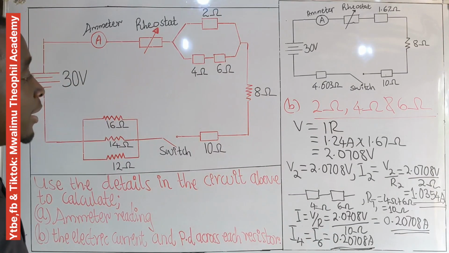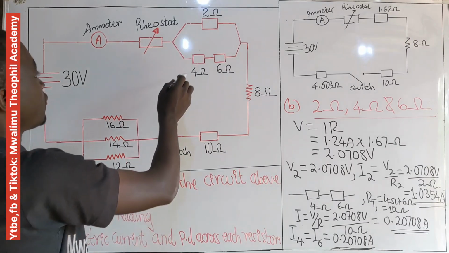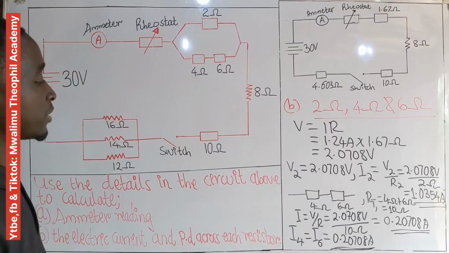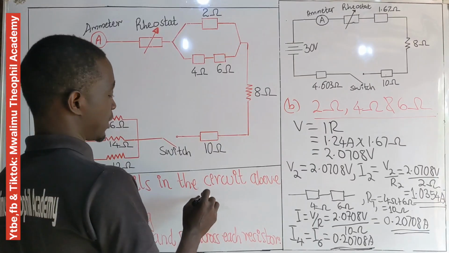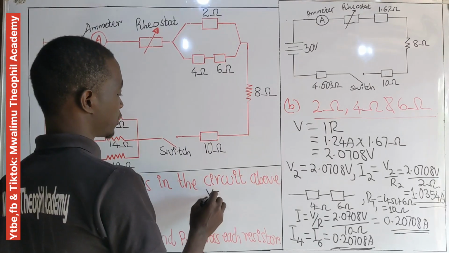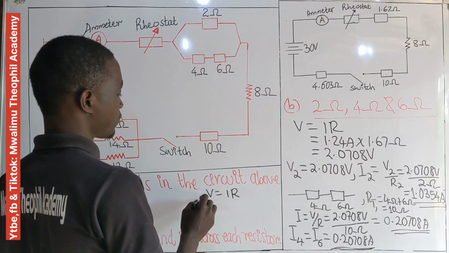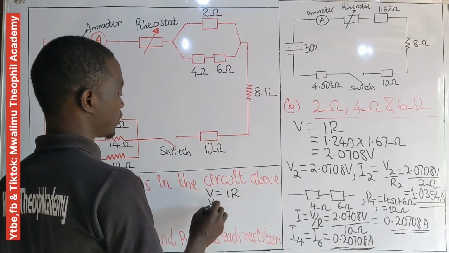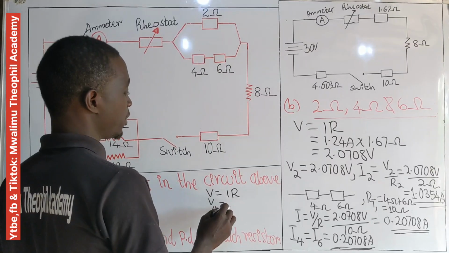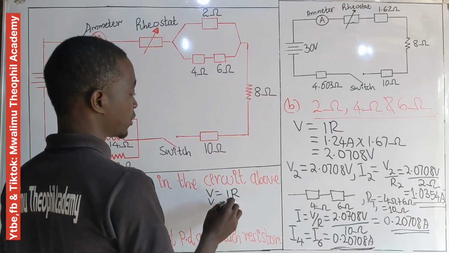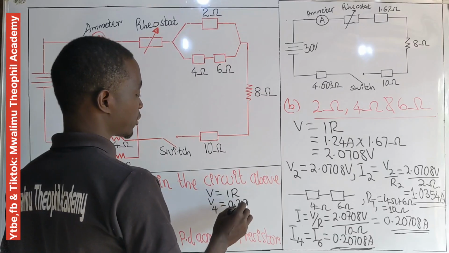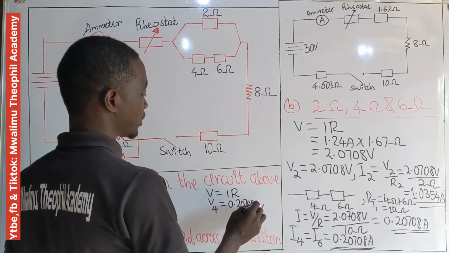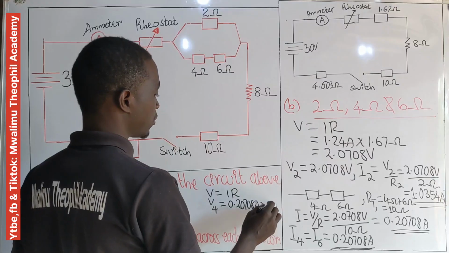After that, let's calculate the potential difference across the 4 ohm resistor and 6 ohm resistor. As we said, the potential difference V is equal to IR. Now V4, the potential difference across the 4 ohm resistor, will be equal to its current, which is 0.20708 ampere, times its resistance, which is 4 ohm.